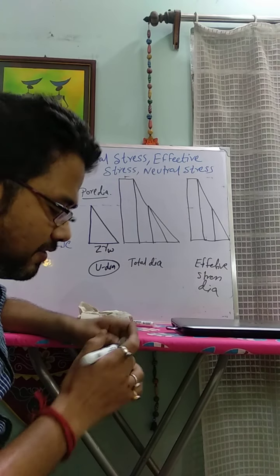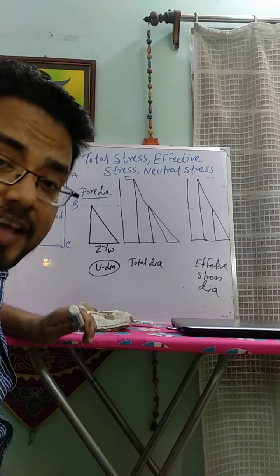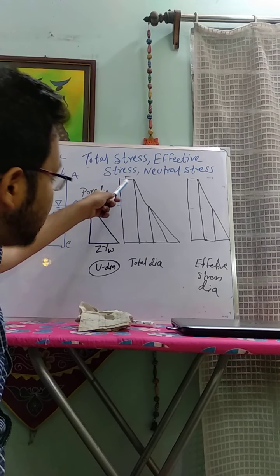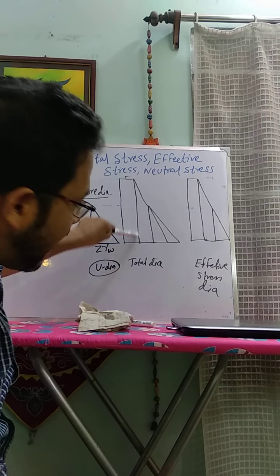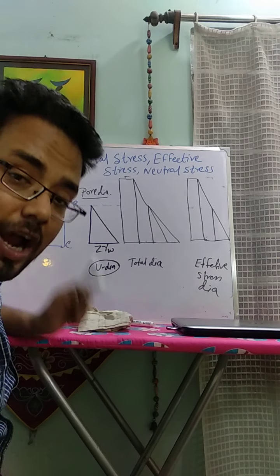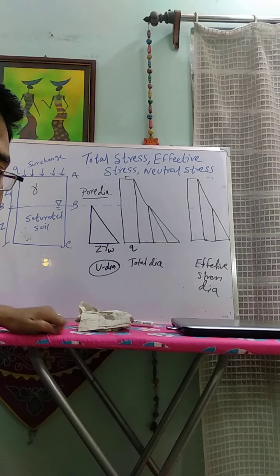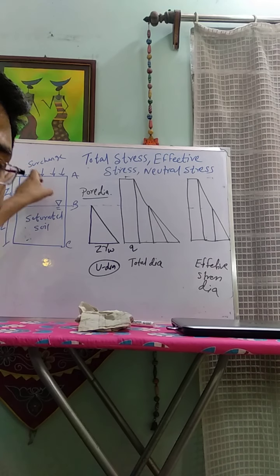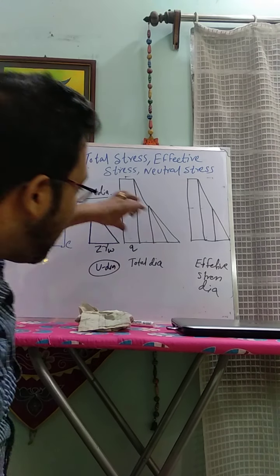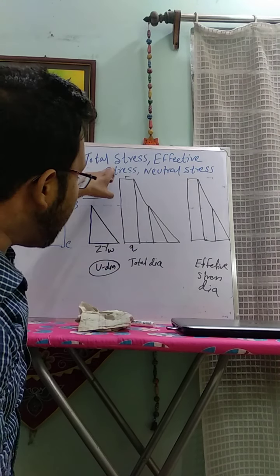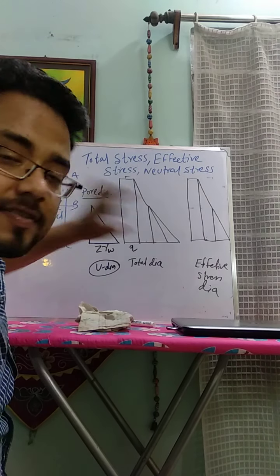Now the second one is the total stress diagram. Surcharge means an extra load Q applied at the top of the soil surface. That's why, due to the extra load, a rectangular diagram will be introduced with the soil diagram, and this will be Q. This surcharge load goes through from plane AA up to plane CC, the same up to CC plane.